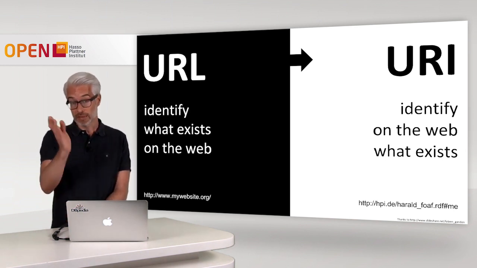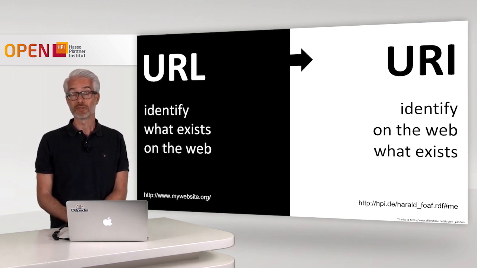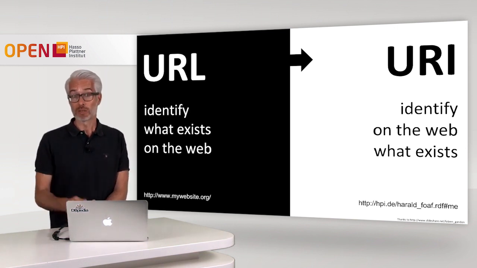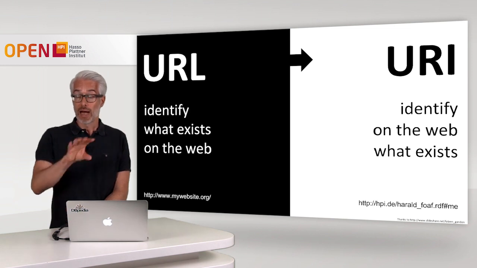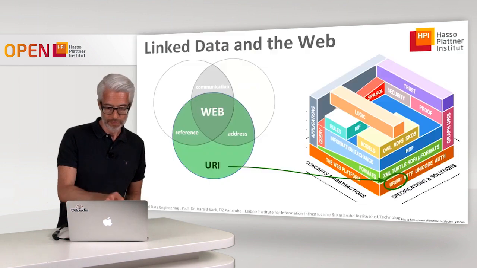For example, this here is a URI that I can use to identify myself and to make assumptions and represent facts via RDF about myself. How to form and use these URIs, you will learn now.